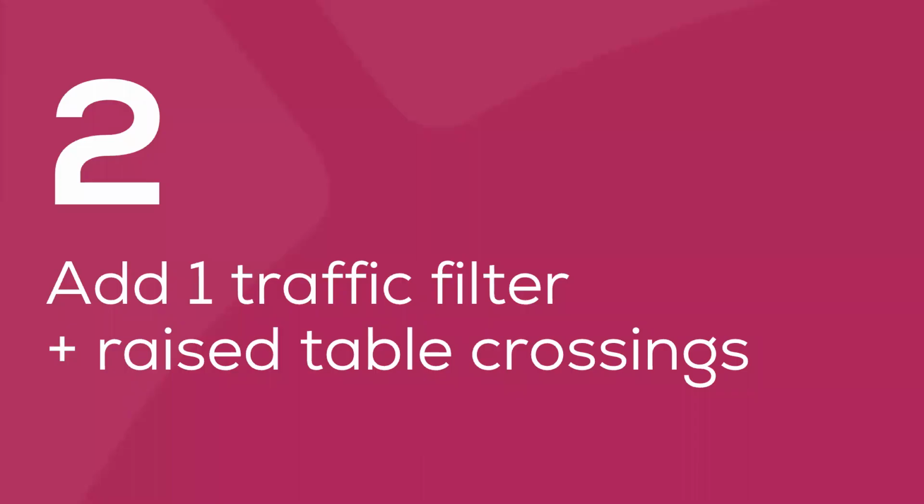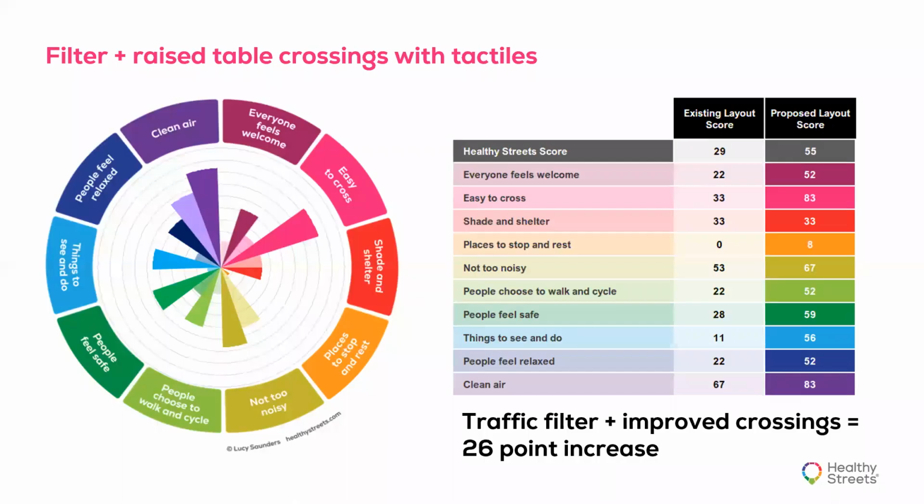And what I identified was that the crossing metrics were all scoring very poorly. So I thought I'll run this tool again to see what the score would be if I were to provide raised table crossings continuously along this street. And in this scenario, it increased a whopping 26 percentage points.